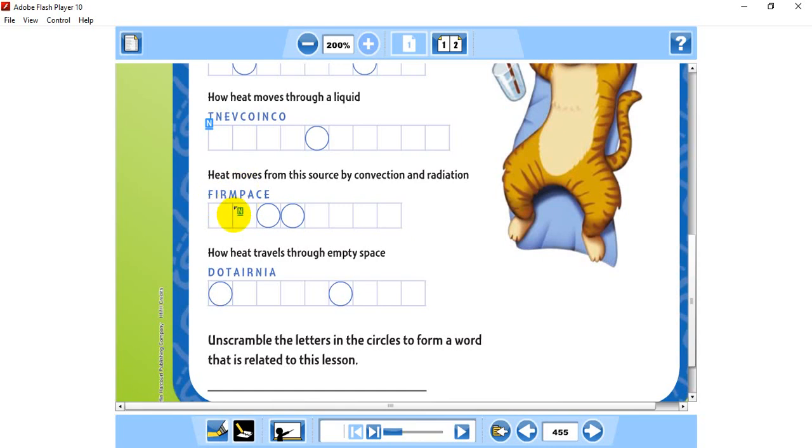When you go to the desert on a trip, outside for camping, what will you start to do? To make a campfire, right? So heat moves from this source by what? Convection and radiation, because the campfire produces radiation, right?